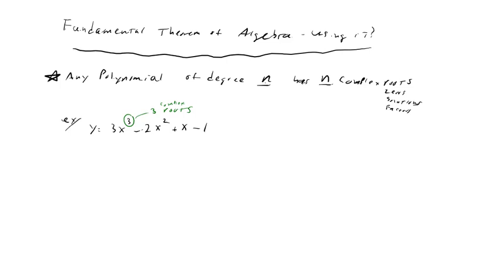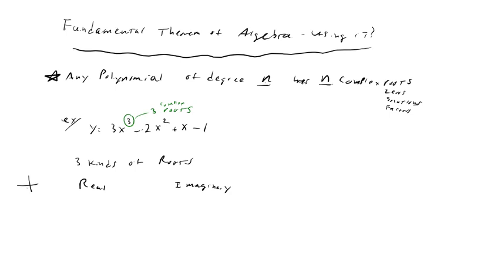But the complex roots come in 3 different flavors. There are 3 kinds of roots. We can have what we call a real root, and we can have an imaginary root. A real root is a root that actually touches the axis. That's a bad drawing.